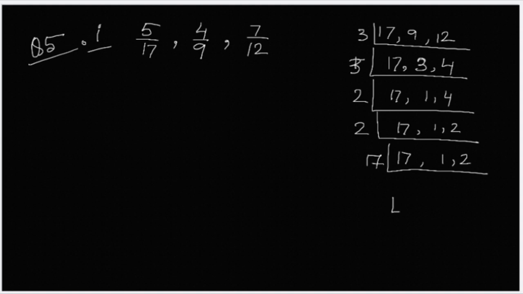So what is the LCM? The LCM is equal to 3 3s are 9, 9 4s are 36, 36 into 17. So you can do this calculation in the rough column and you can find out the LCM. Okay, now let's see. So that will be 612.